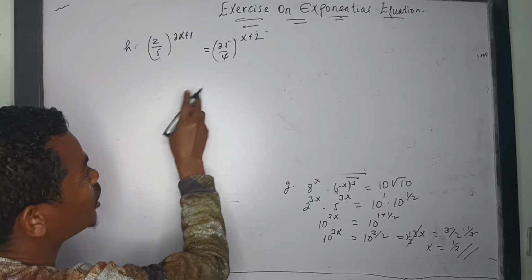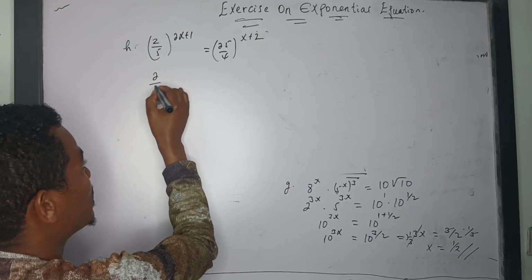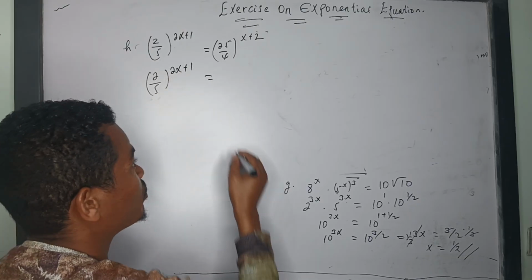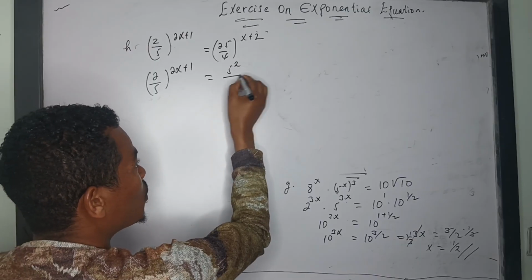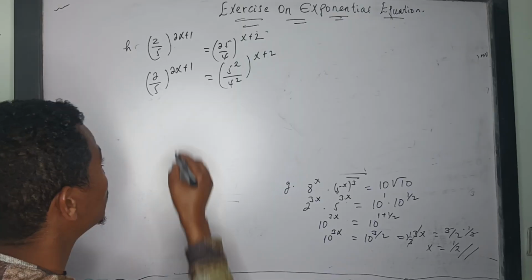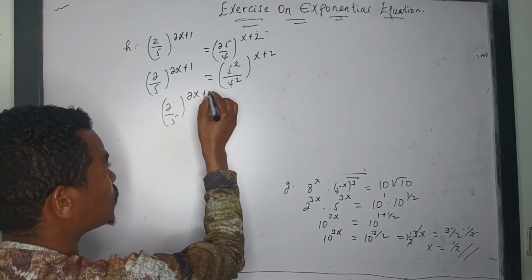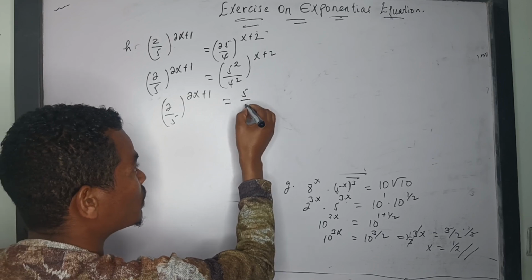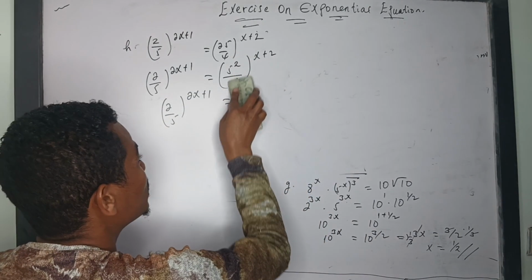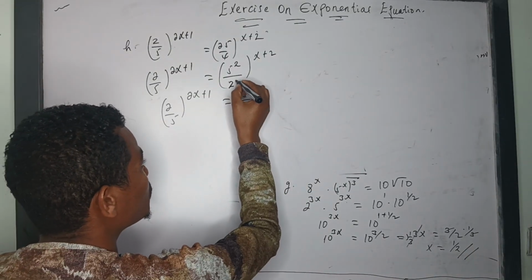So what do we do here? 2 over 5 the power of 2x plus 1 is equal to 25, which is the same as 5 the power of 2, over 4 the power of 2, the power of x plus 2. 2 over 5 the power of 2x plus 1 is equal to 5 over, so 5, this one is 2 square, right? That 4 is 2 square. This is 2 square.